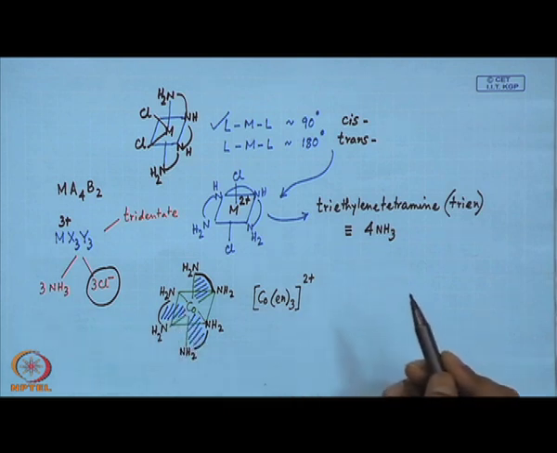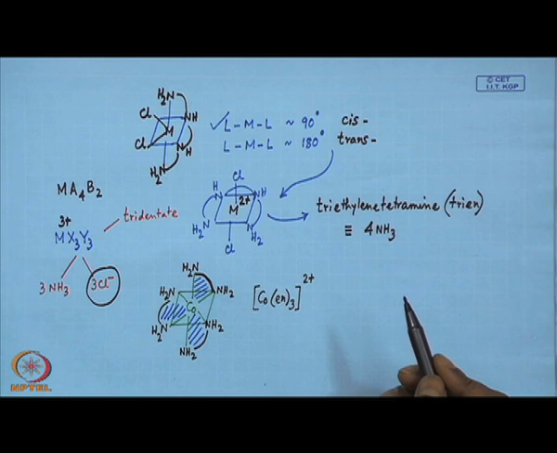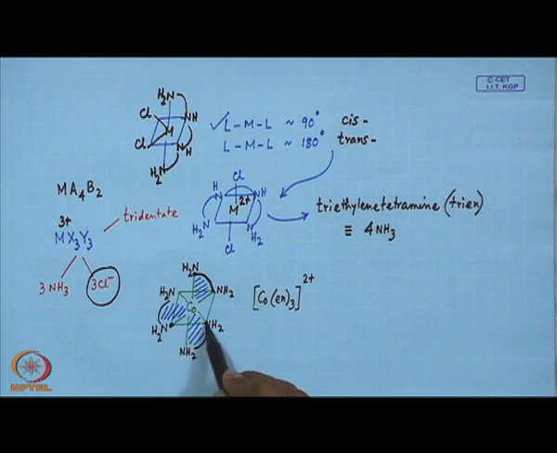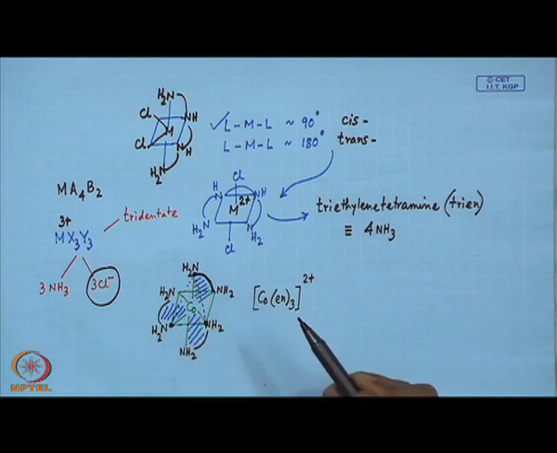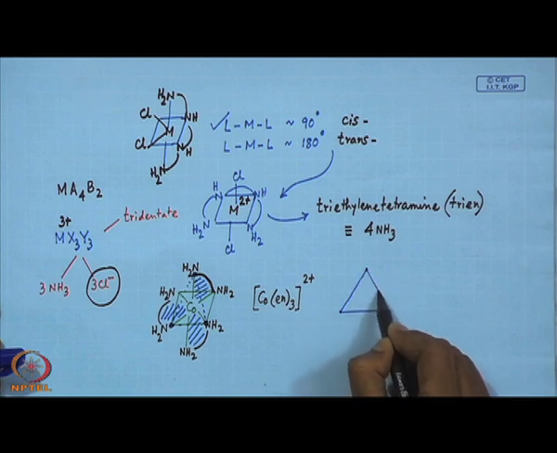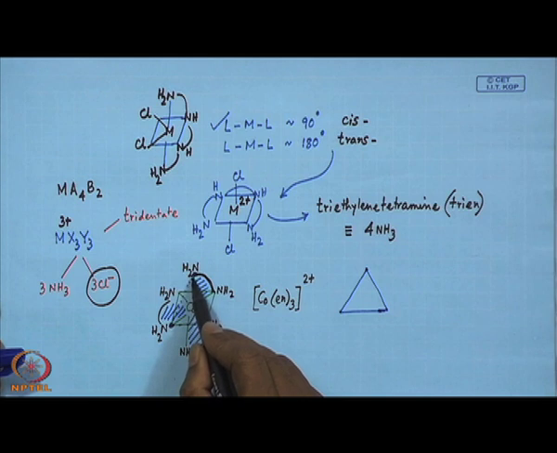So, we can have the 3 chelate planes from there, and if we focus our attention on these 3 positions, basically we see one particular triangular face. That means we can visualize the molecule like this. So, this is the top face.